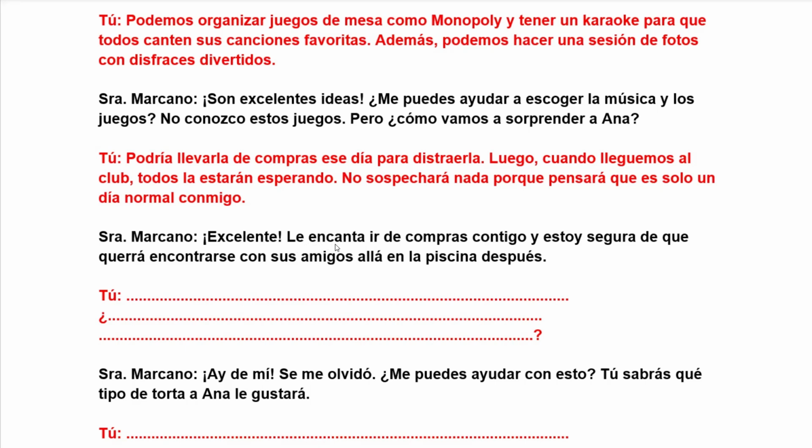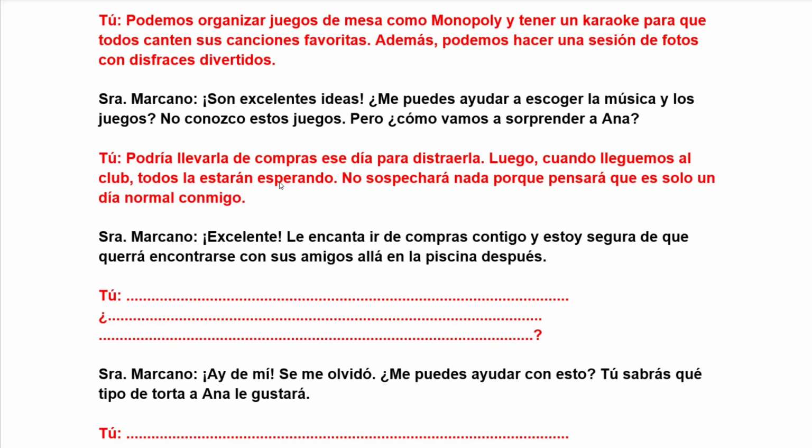She says she loves to go shopping with you, which is something we mentioned here, where we said, I could take her shopping on that day to distract her. Okay? So those two things are related. And then she says, I'm sure that she will want to meet up with her friends there at the pool afterwards. And as you can see, that matches perfectly with what we said here.